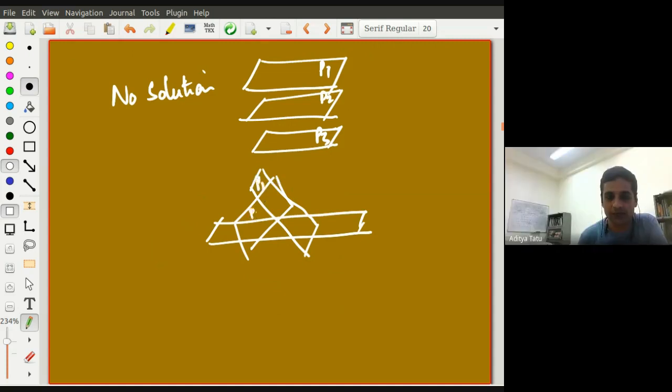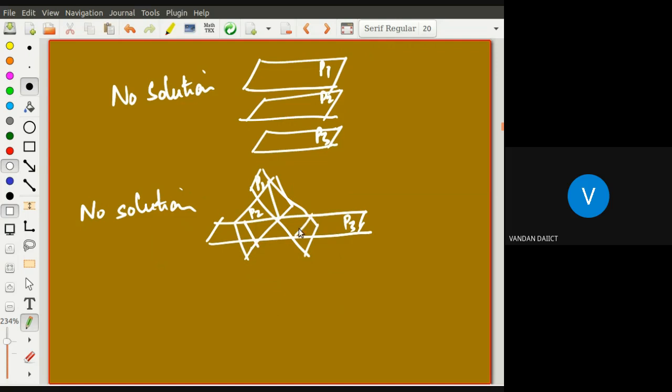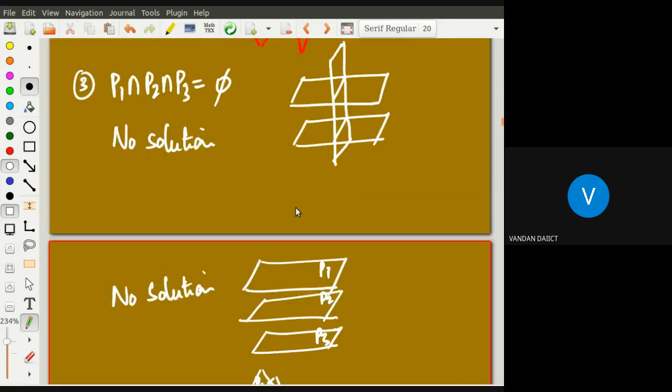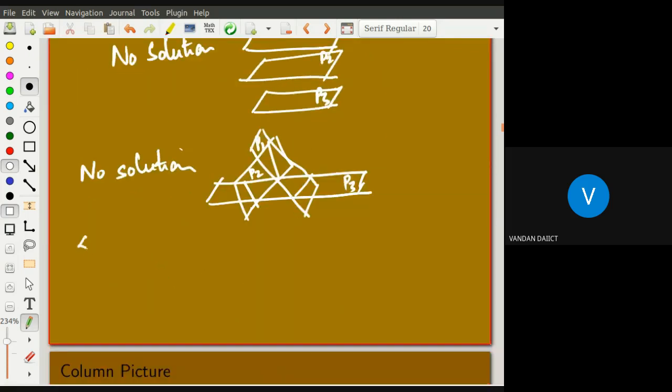Apologize for my drawing. I hope you will like. Anything else? All three planes are coincident. In principle, nothing to draw.